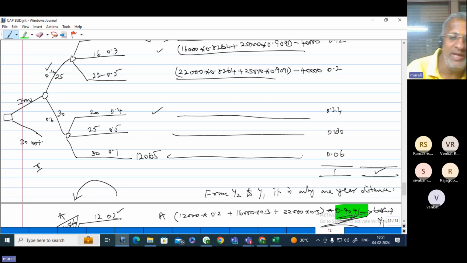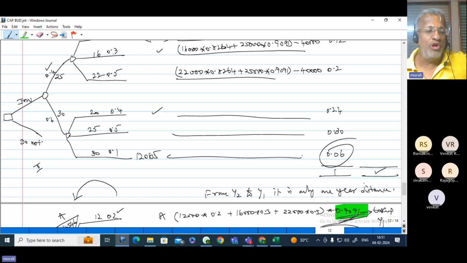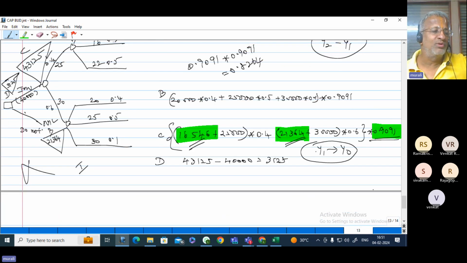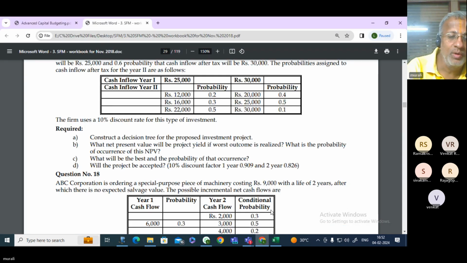What is the probability of that? It is going to be 6%, which I will not be in a position to get through the other method. So depending upon what sort of question they are asking, you got to change your stand accordingly.